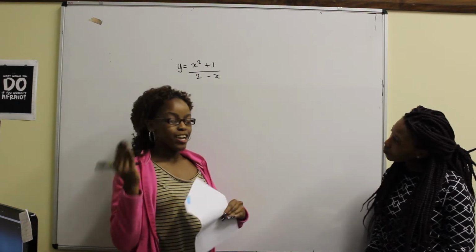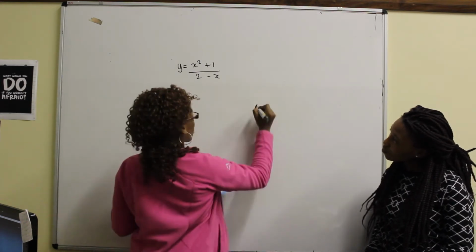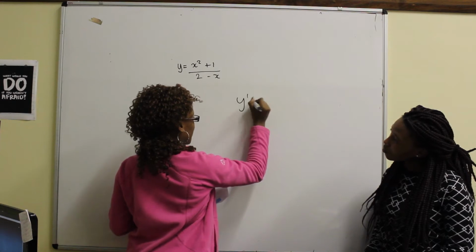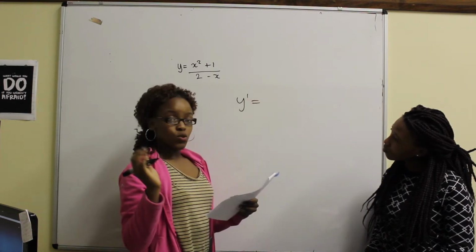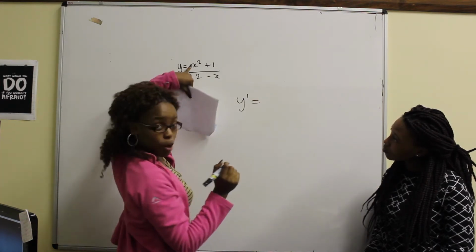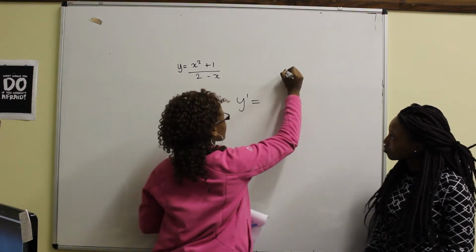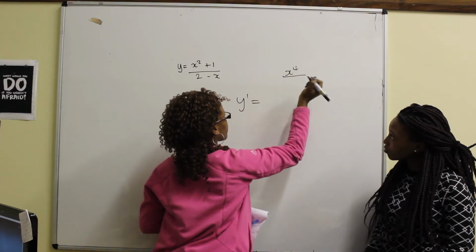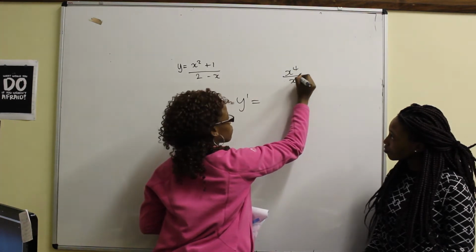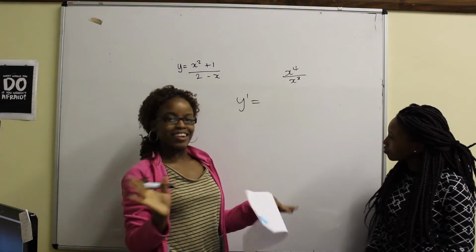So remember, in class, Tina said that the quotient rule is basically you take the derivative of the top, the numerator. So for instance, if I had x to the 4 over x cubed, let's just make an example.